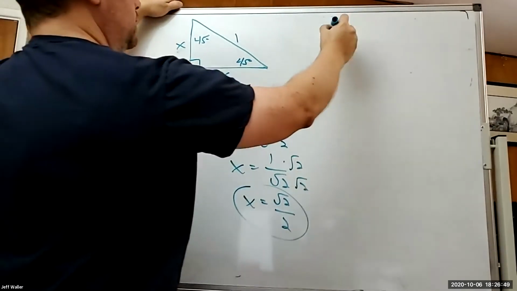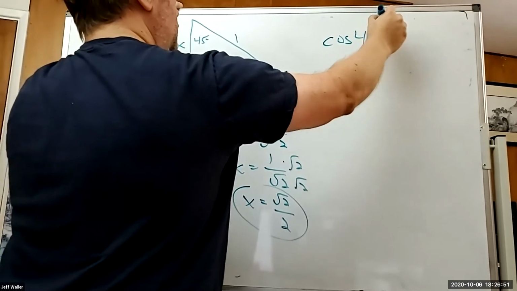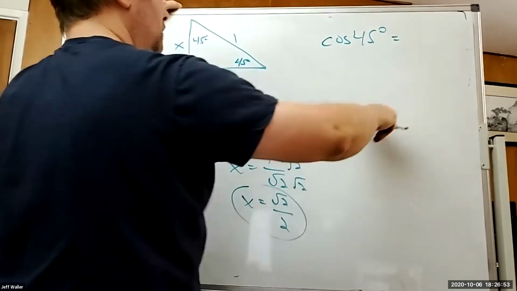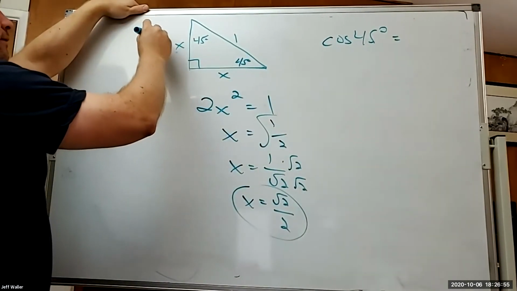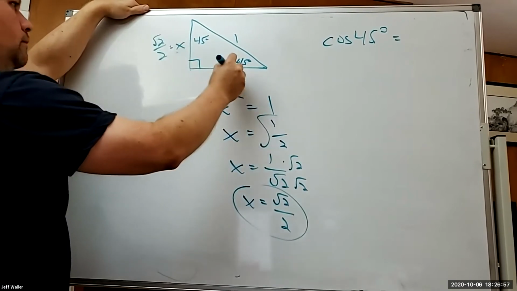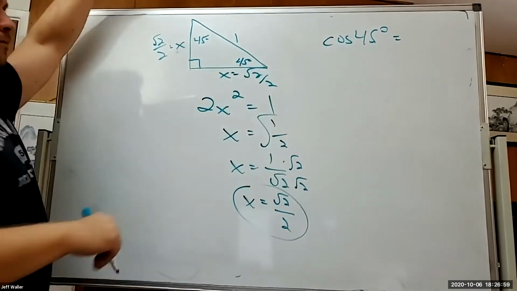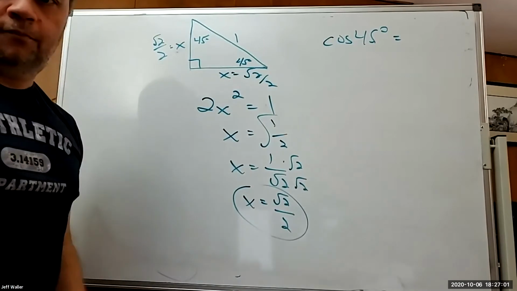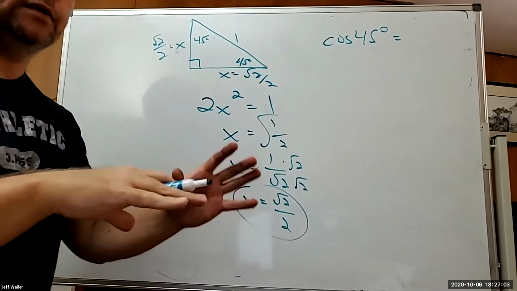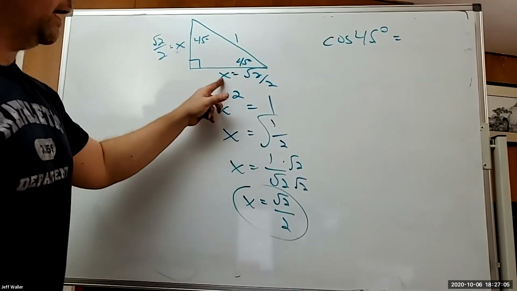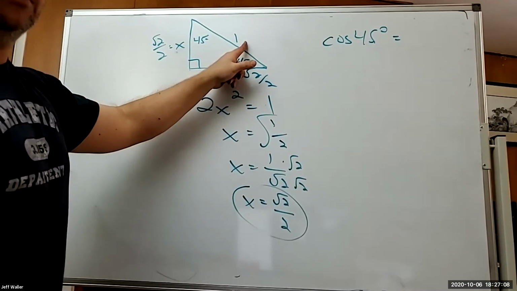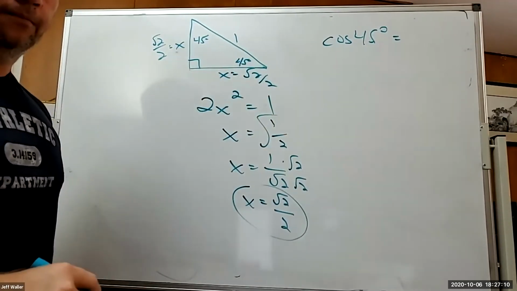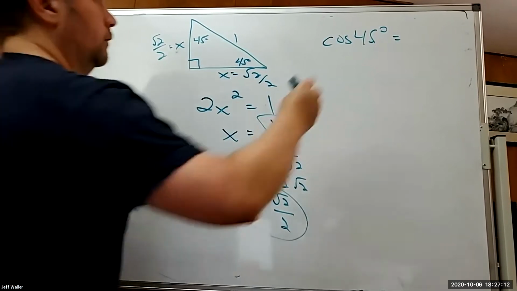So what is cosine of 45 degrees? What's cosine tell you always? It tells you the ratio of x to r. So what's cosine of 45? Rad 2 over 2.